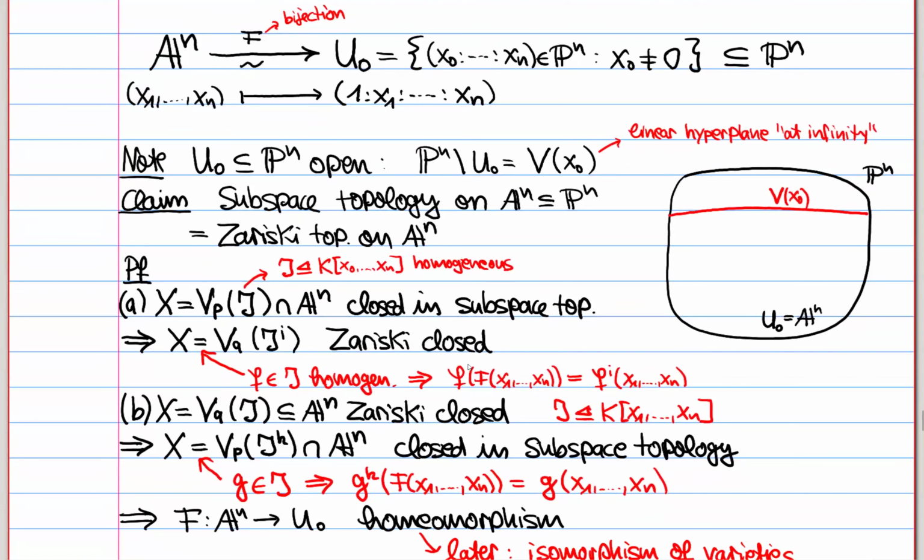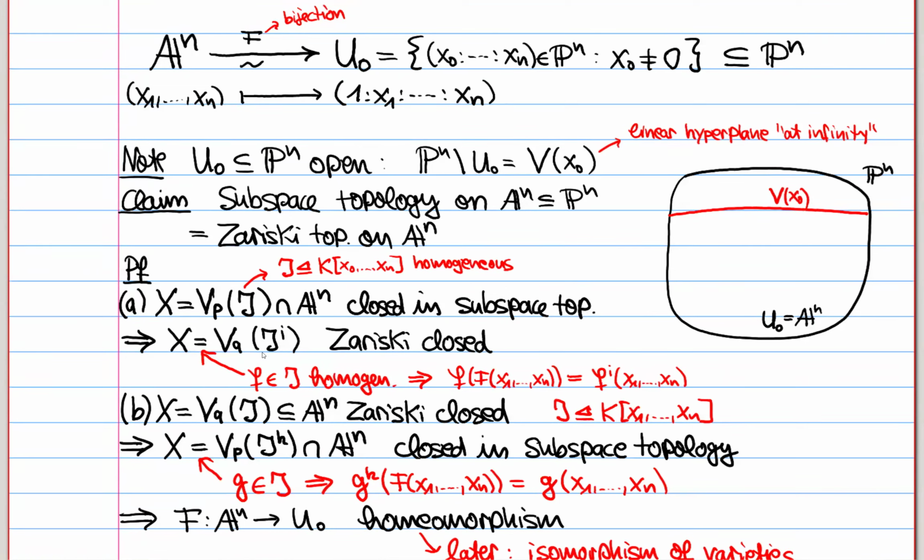But then small f composed with big F, well, big F is just the map which sets x0 to be 1. This is exactly the definition of the dehomogenization. And so we see inside An, this is cut out by all of these f_i. And so this is just the definition of V_A of J_i.